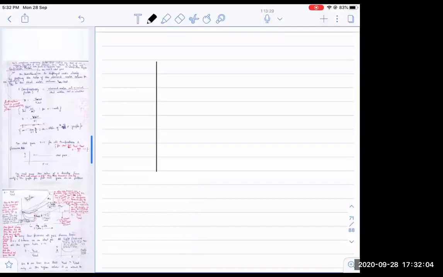Yes. Now we are going to see the graph of compressibility factor Z for a real gas. On the y-axis we have Z, the compressibility factor, and on the x-axis we have pressure in atm.